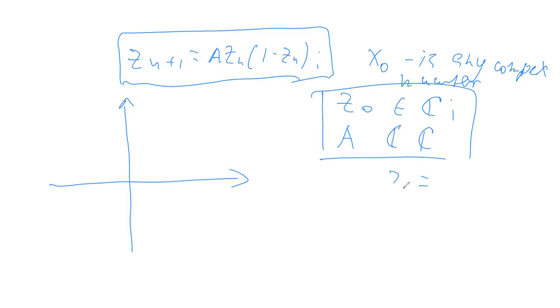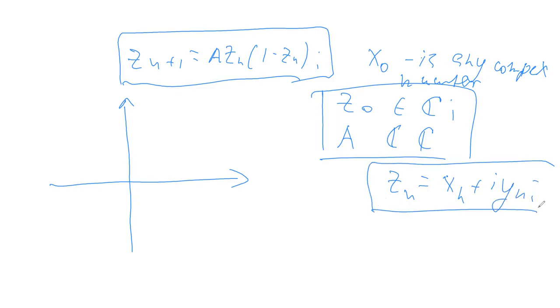So now Zn is xn plus i yn. It is the common notation for complex numbers. And A would be an plus i bn, for example. I don't remember what I did in the lecture notes.